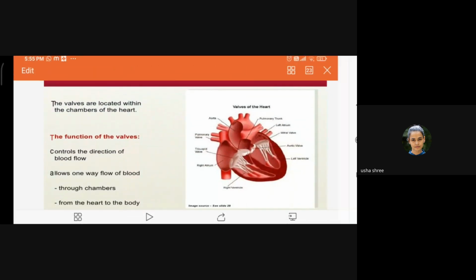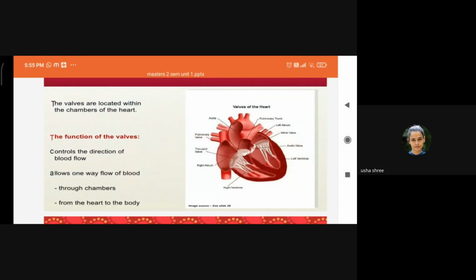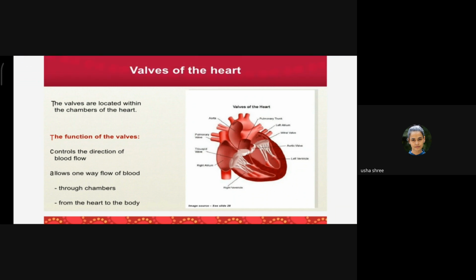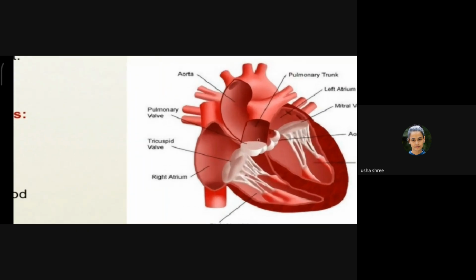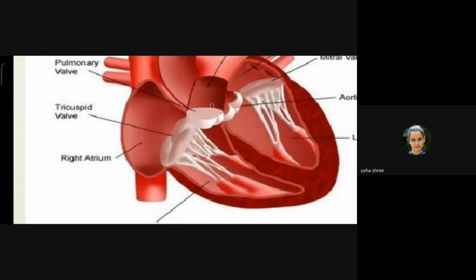Now, valves of heart. The valves are located within the chambers of heart. The function of valves is to control the direction of blood flow. Now you can see in this picture clearly what is tricuspid and bicuspid.